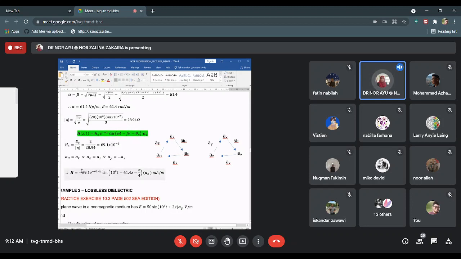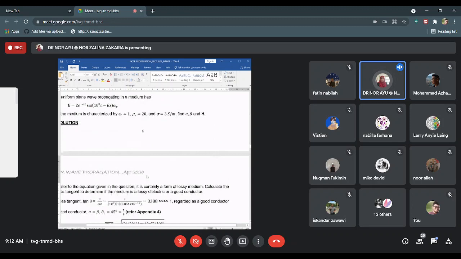This is your amplitude, this is your alpha. Insert all the values. Then you have your omega, and this is your beta. And this is your intrinsic impedance angle, which is pi over 4. Why pi over 4?